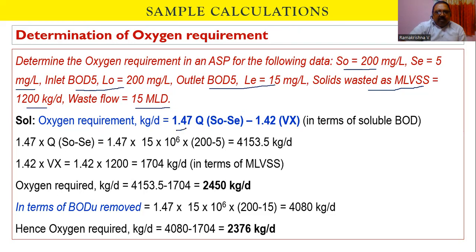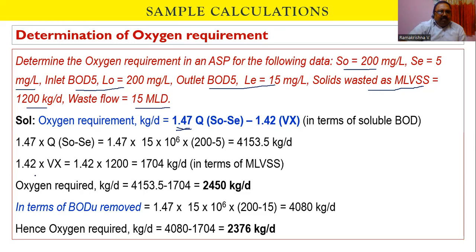But what is this 1.47? 1.47 is the conversion factor from 5-day BOD to ultimate BOD. So this is a soluble 5-day BOD. Now converting into ultimate BOD, we are putting 1.47 as a conversion factor here. And 1.42 is the efficiency of solids destruction.